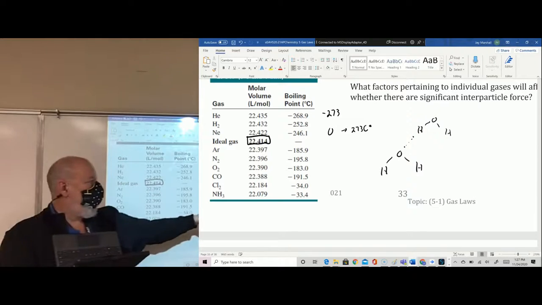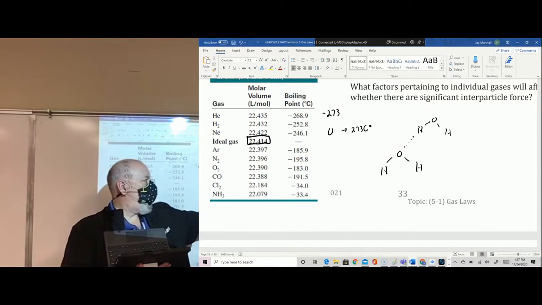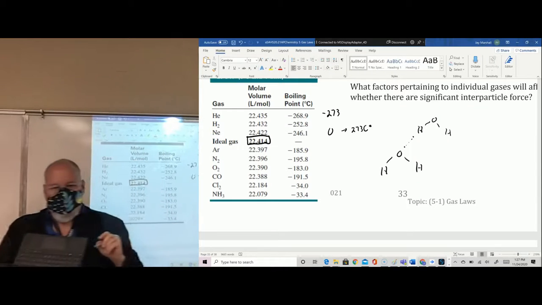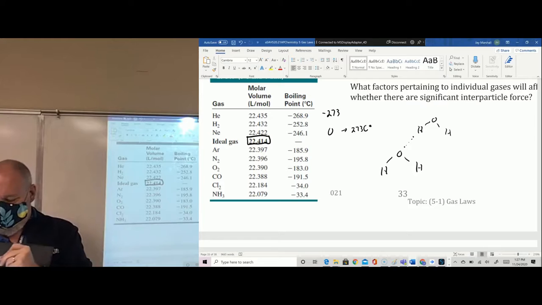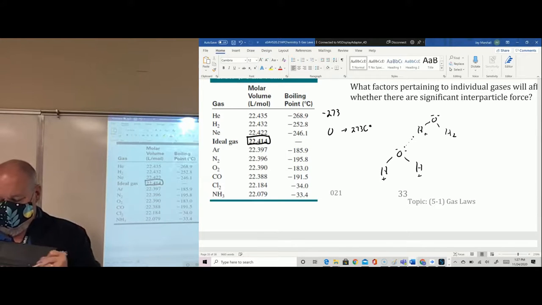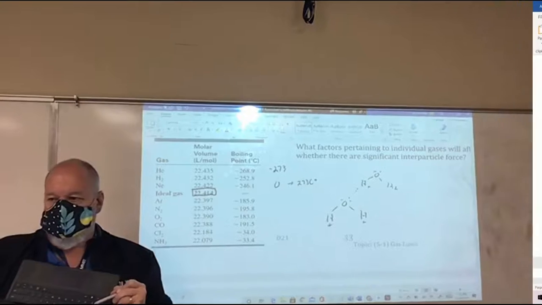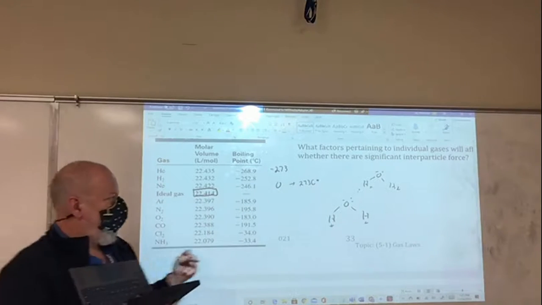What kind of a bond is this? What kind of interparticle force is this? It's like the gentler force of magnetic force, isn't it? Not magnetic, it's like electrical, a gentler version of that. Is it polarity? Okay, but it's a hydrogen bond, right? That's what I'm looking for.